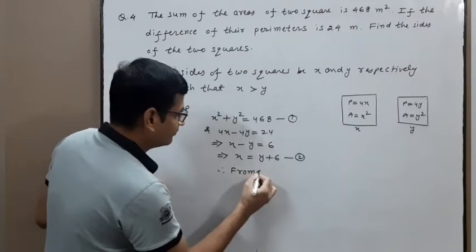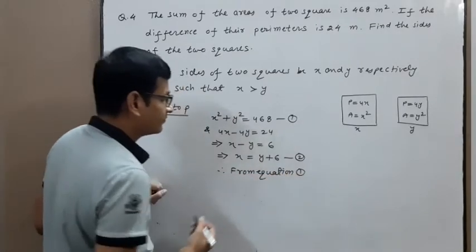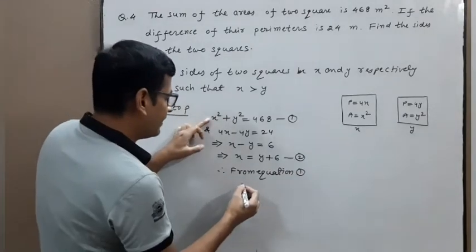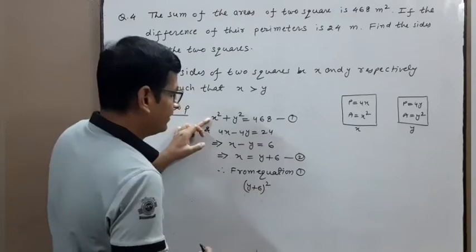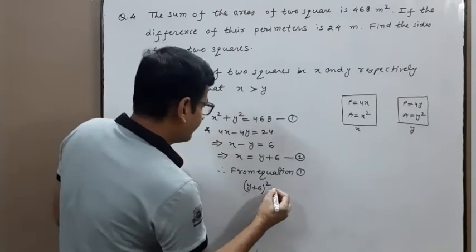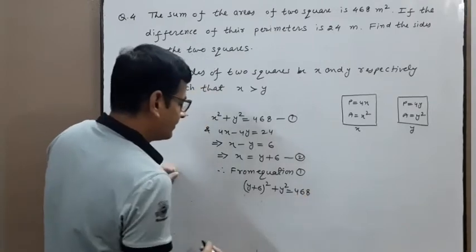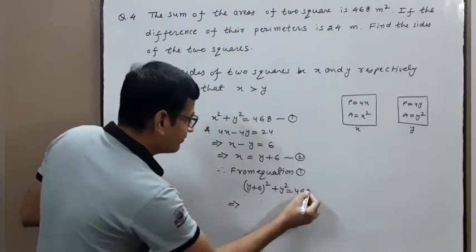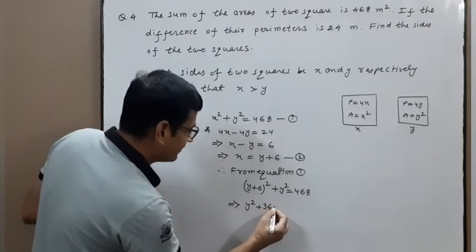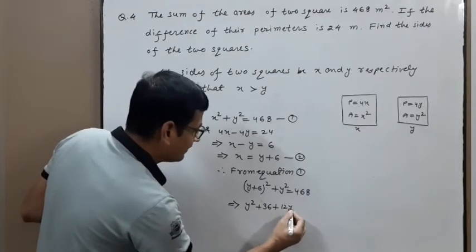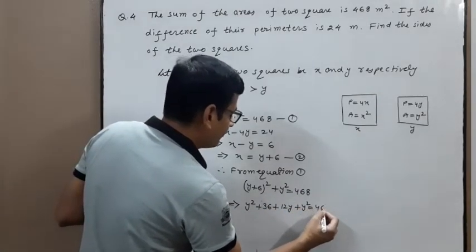Therefore, from equation 1, x square means y plus 6 whole square plus y square is equal to 468. Simplify more: y square plus 36 plus 12y plus y square is equal to 468.